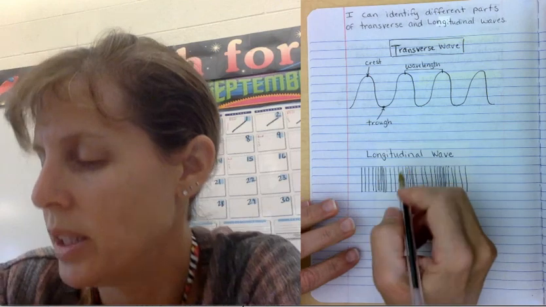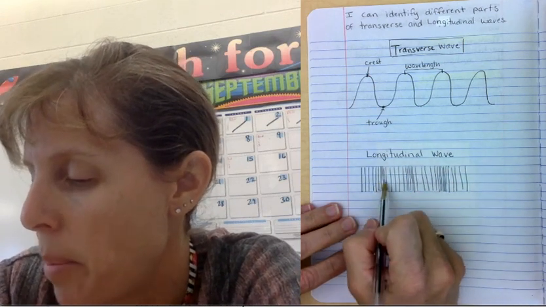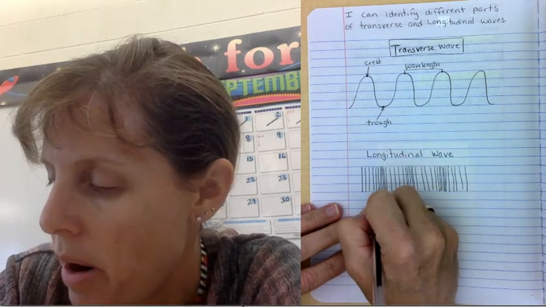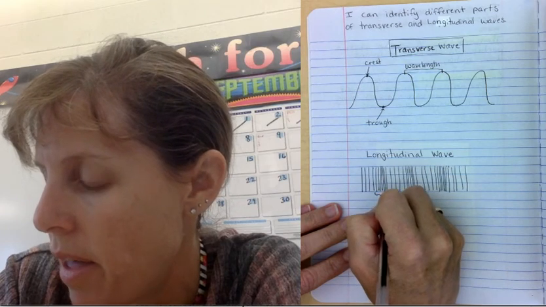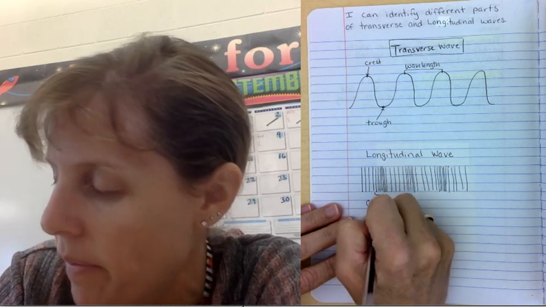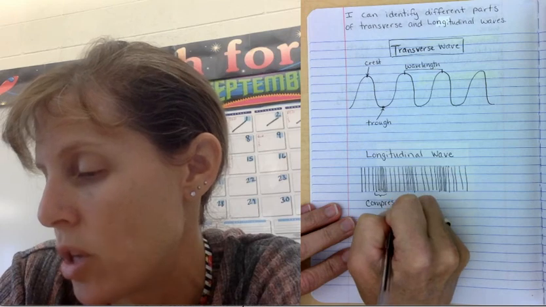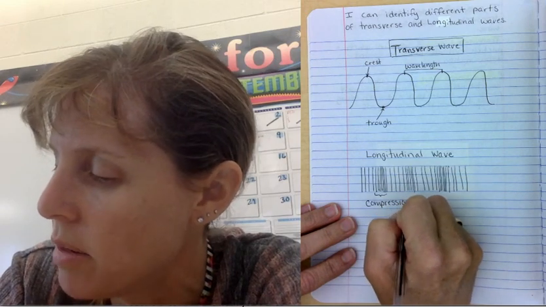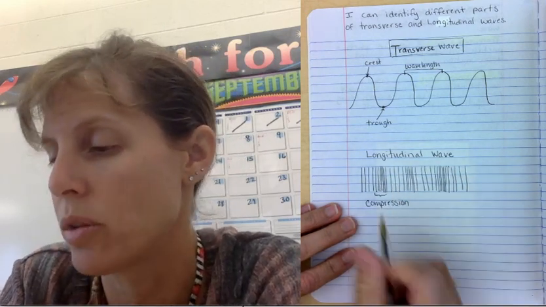When you can see them pressed together, this part right here is called a compression. That's why it's sometimes called a compressional wave, right? So a compressional wave is also a longitudinal wave.